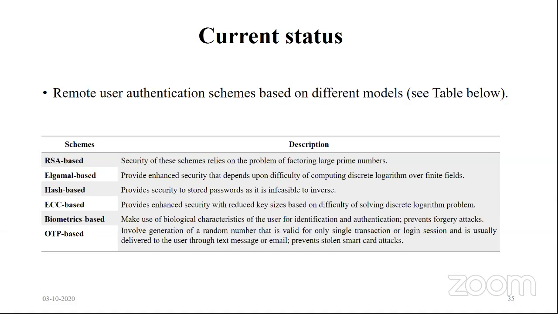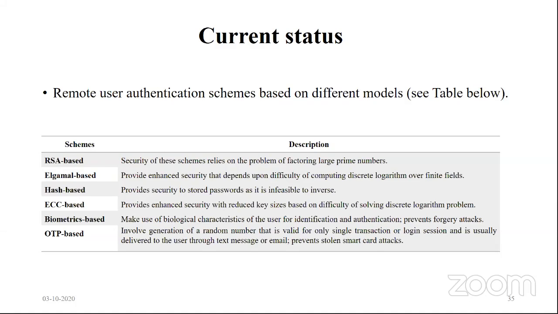Then there can be hash-based schemes, in which the security relies on the hash function. Basically, a hash function takes your password, which can be of varying size, and generates a fixed size output corresponding to that password.